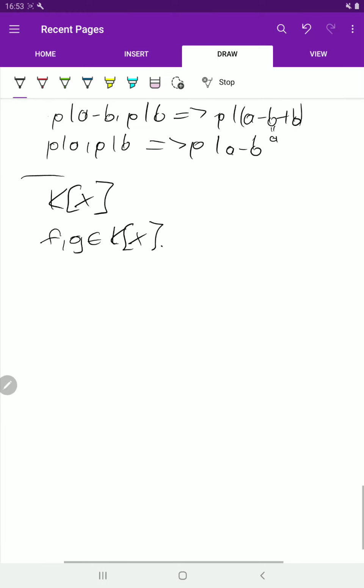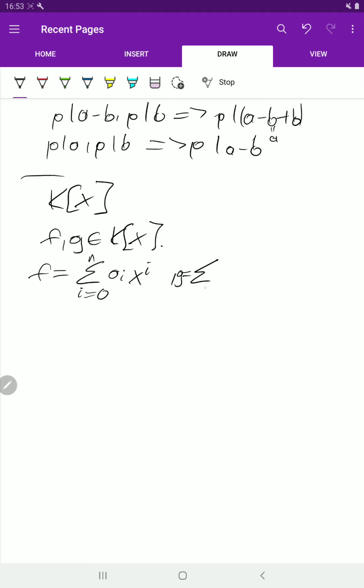And now we write f as the sum from i equals 0 to n of a_i x^i, and g as the sum from j equals 0 to m of b_j x^j.